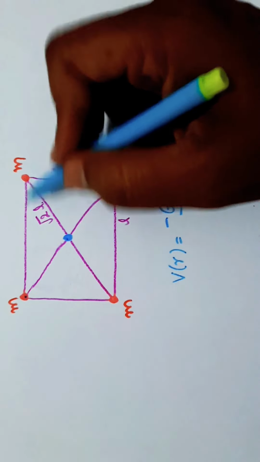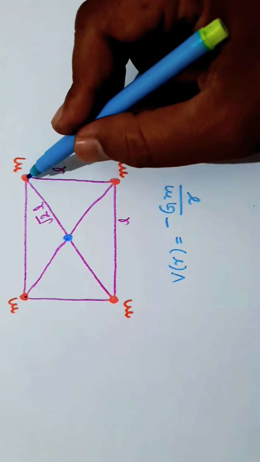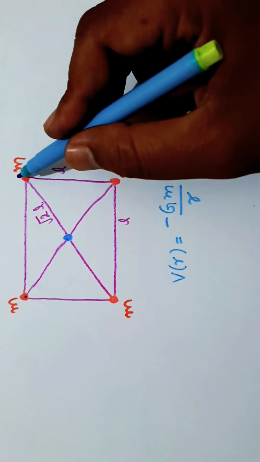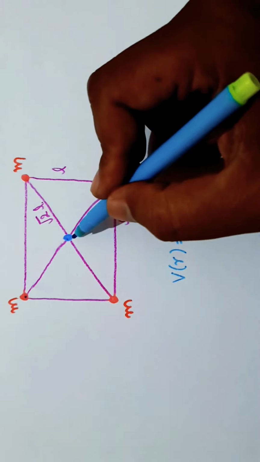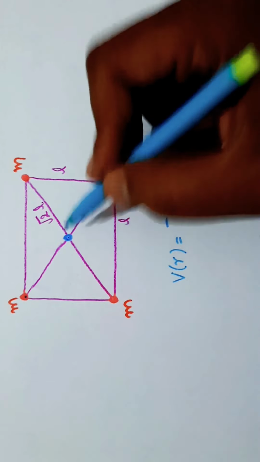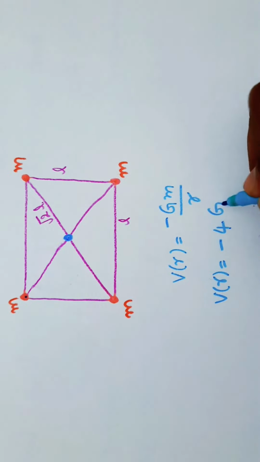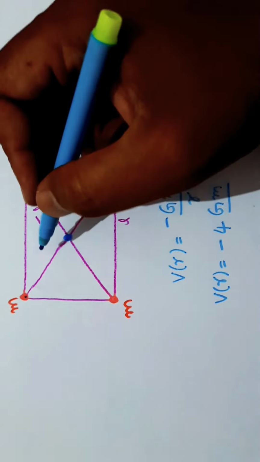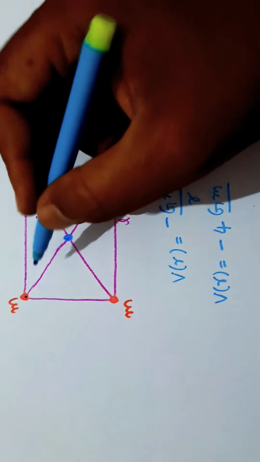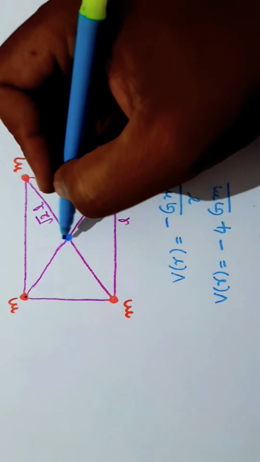So here we have 4 masses. Due to these 4 masses, the gravitational potential at the center is V of R is equal to minus 4 G m by R, here R is the distance between mass and unit mass.